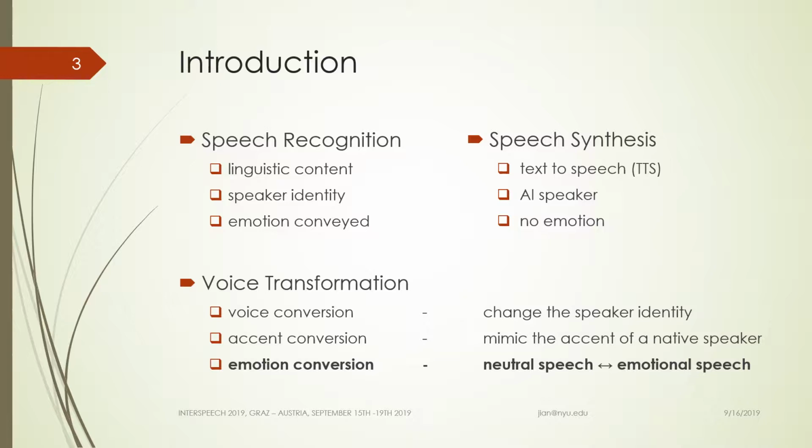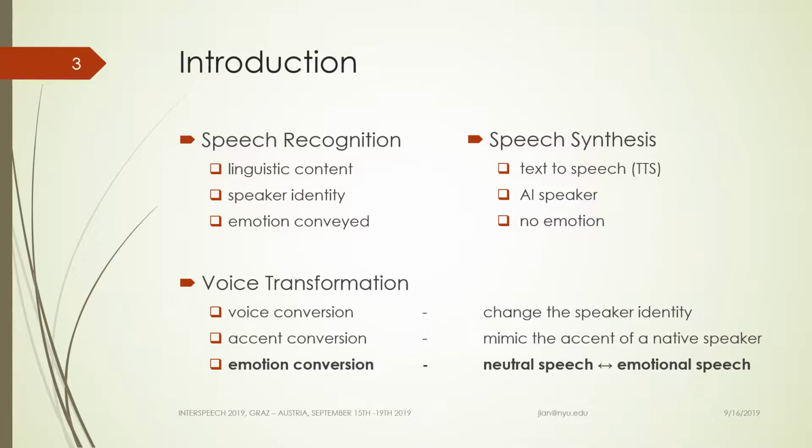The second is speech synthesis, that is to generate fake speech which is similar to human speech. For example, the text-to-speech system, TTS. In this category, the AI speakers may not have any emotion in it.